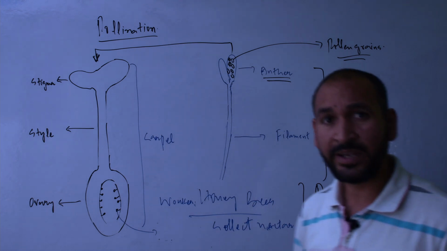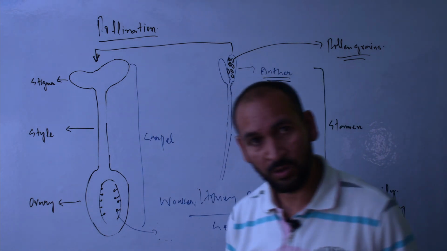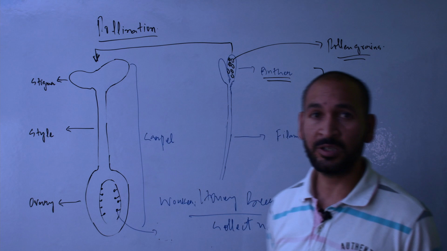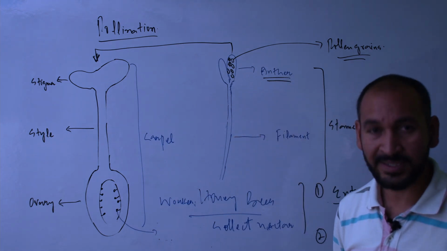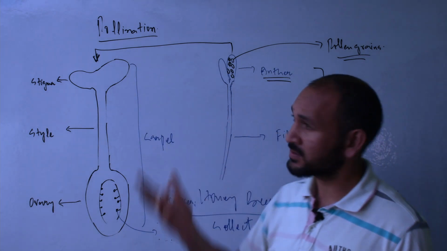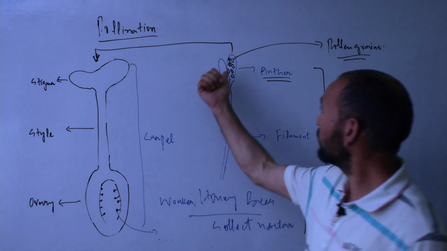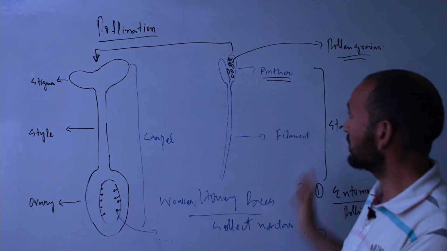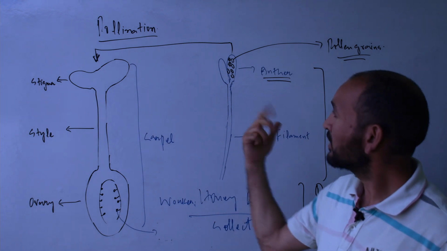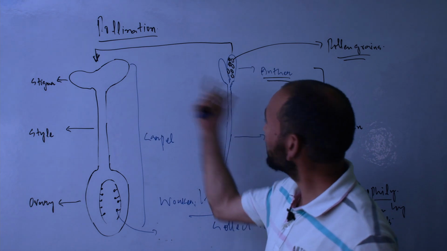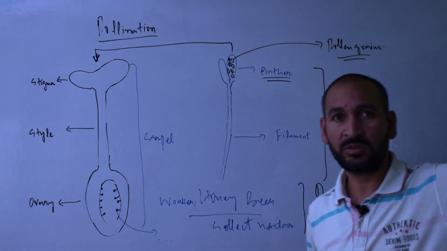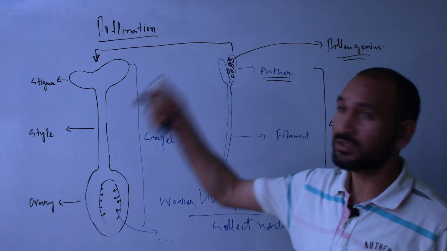Now, is this the only agent? Are there only insects which help in pollination? No, there are some other agents as well. The pollen grains which are formed in the anther, when they come out of the anther, wind can also carry these pollen grains from the anther to the stigma.